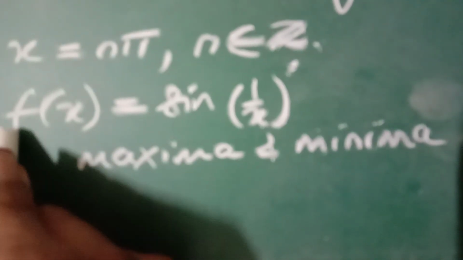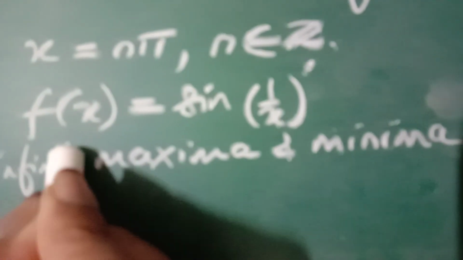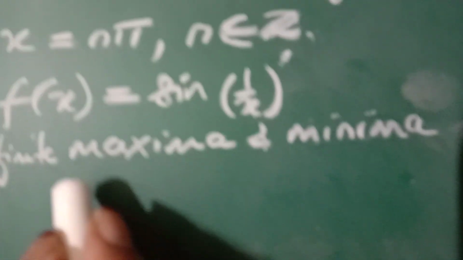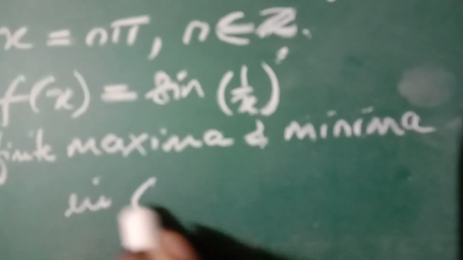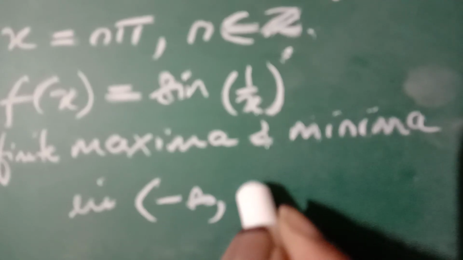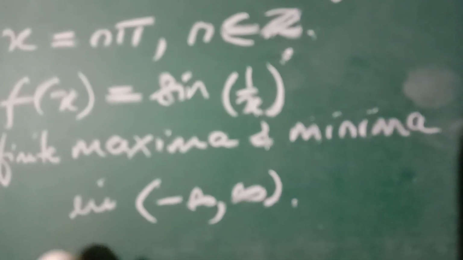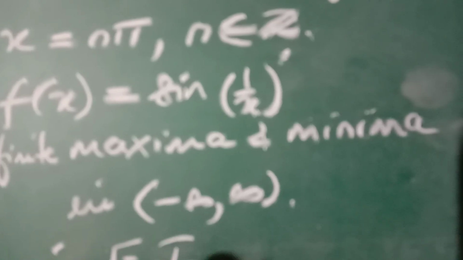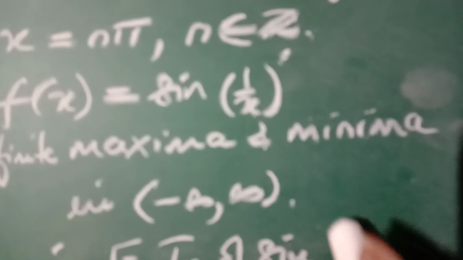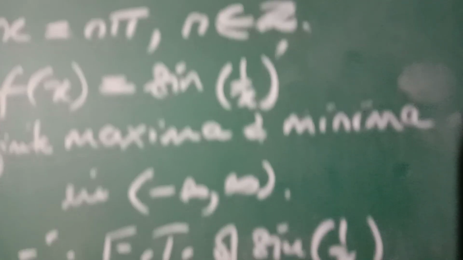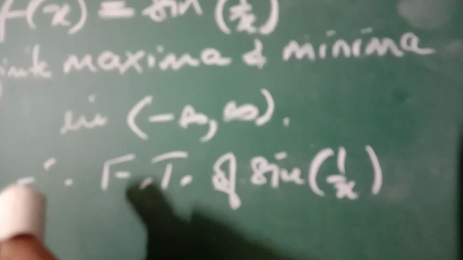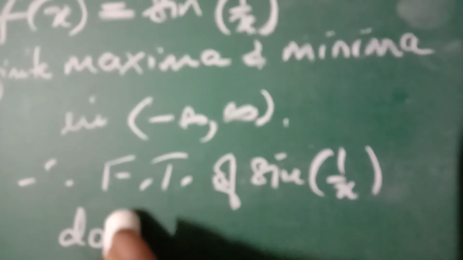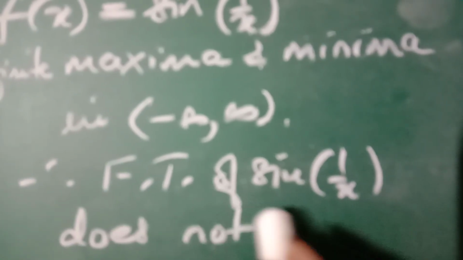I'll just write over here, infinite maxima and minima in the interval minus infinity to infinity. Therefore, the Fourier transform of this particular function sin(1/x) does not exist.